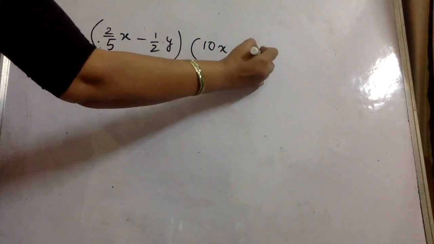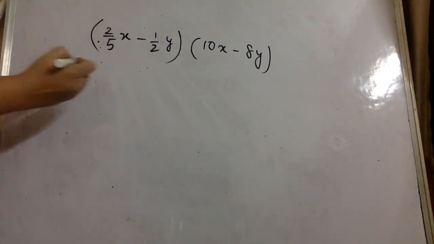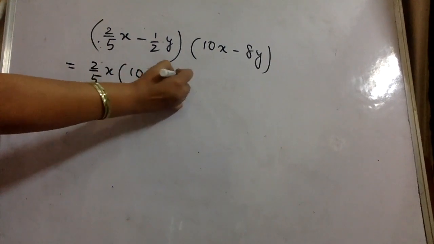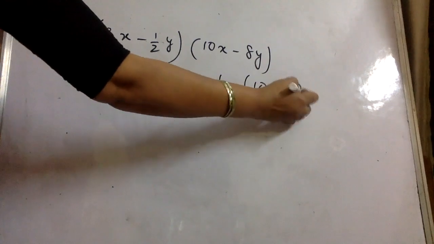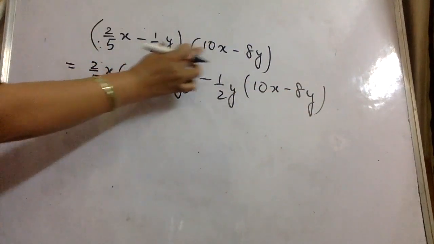Now how do we multiply? Let me take the longer method and write one more step so that all of you can learn it and do it without mistakes. So here I go. I have given this to this and this to this.